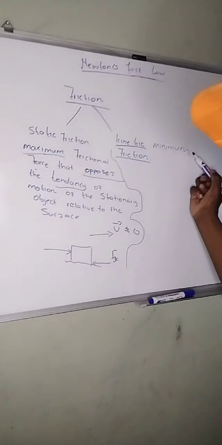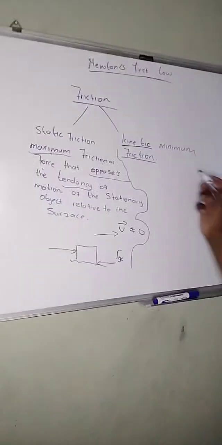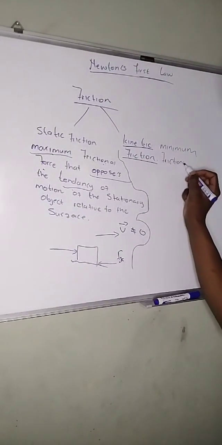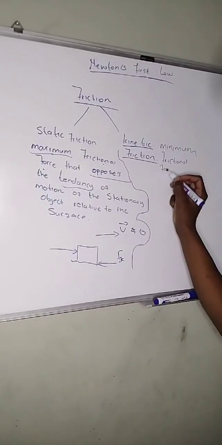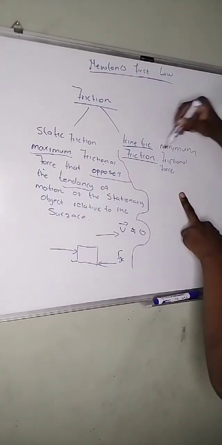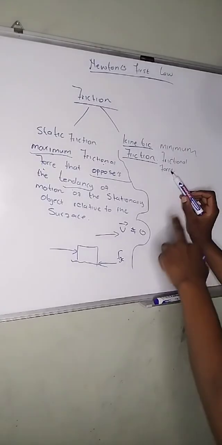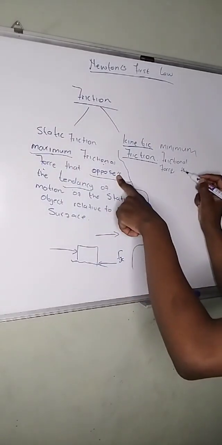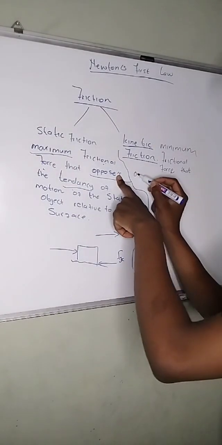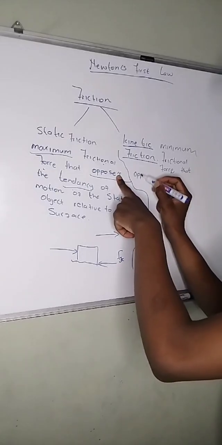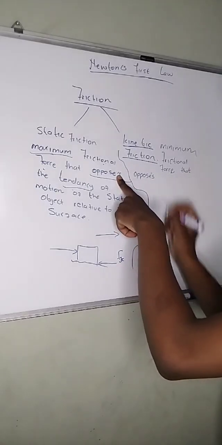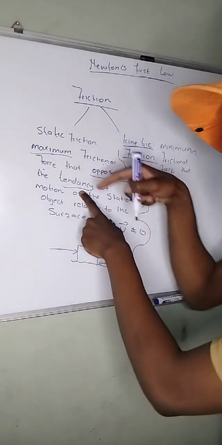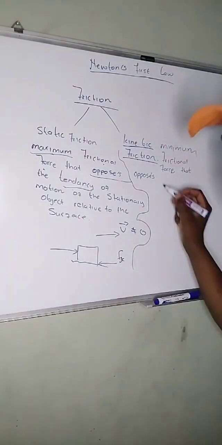A minimum frictional force that opposes the what? Not the tendency. Now it doesn't oppose the tendency. It opposes the motion.